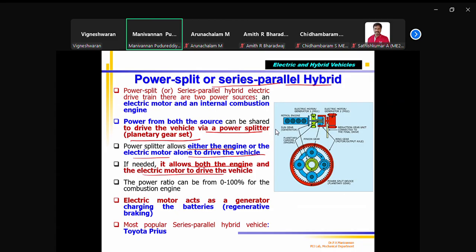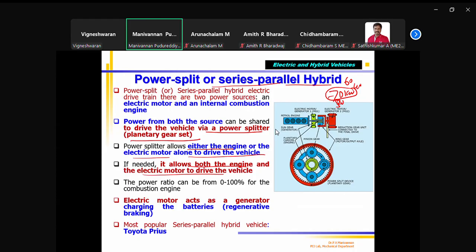Please note that I told you it may produce 70 kilowatts, and the other may produce 30 kilowatts, or 60 and 40. Please note that with the electric motor alone, you may not be able to reach full speed. That you have to remember. Say my vehicle is 100 kilowatt.